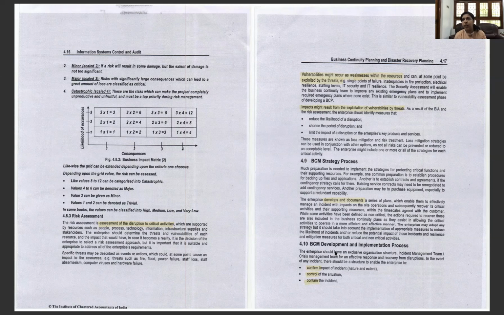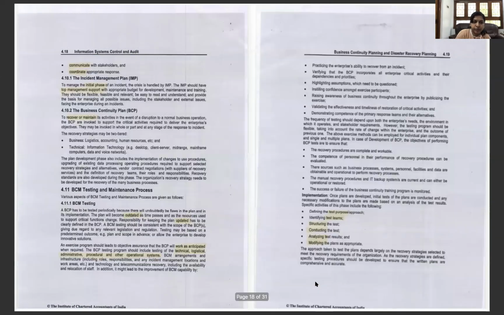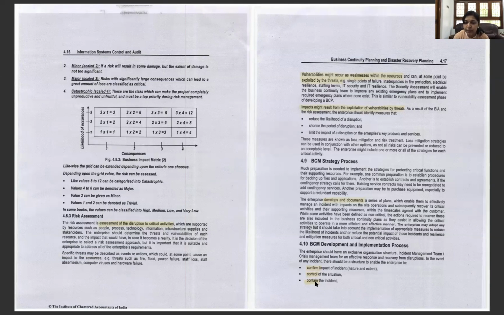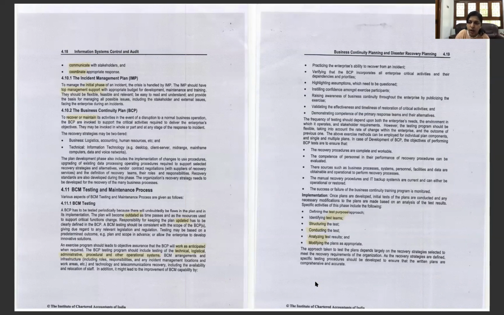First we had continuity, capability, and capacity. And here we have confirm, control, contain, communicate, and coordinate. So for the BCM development and implementation process, we have confirm, control, contain, communicate, and coordinate.